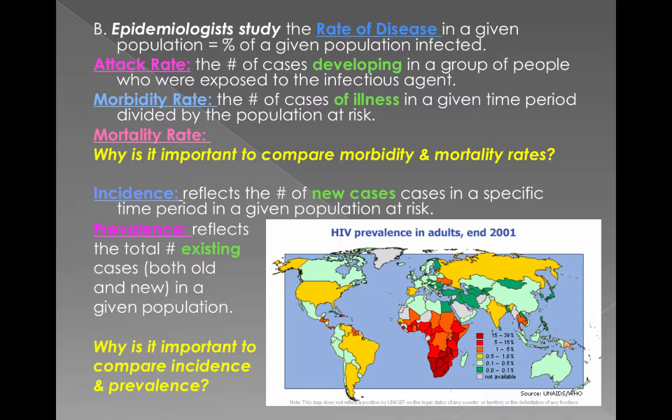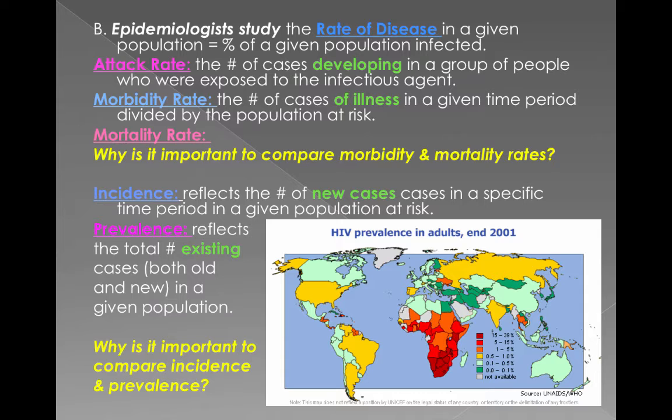So let me give you an example of the attack rate. In our second simulation of the 2-day disease, we had 50% of our population immune. So only 50% was actually susceptible. So those were the people that were exposed to the infectious agent.